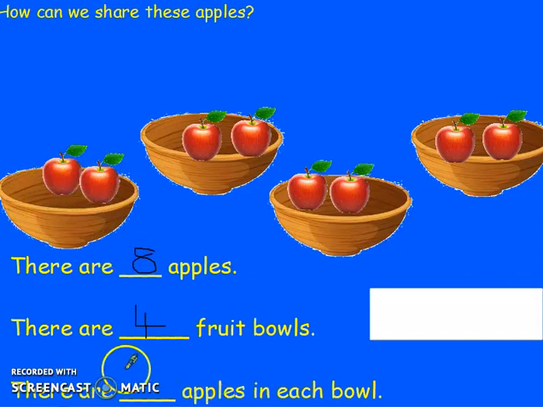There are 2 apples in each bowl. So what is the number sentence that we can write down here? We had 8 apples. We shared it or divided it into 4 bowls. And it equals how many apples per bowl? 2. So 8 divided by 4 equals 2. Well done.